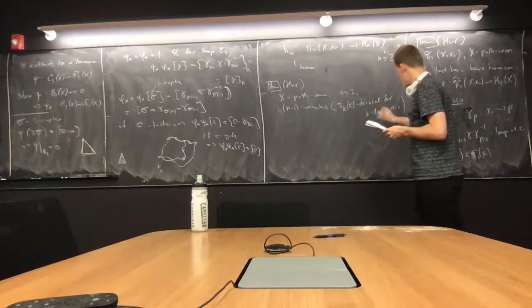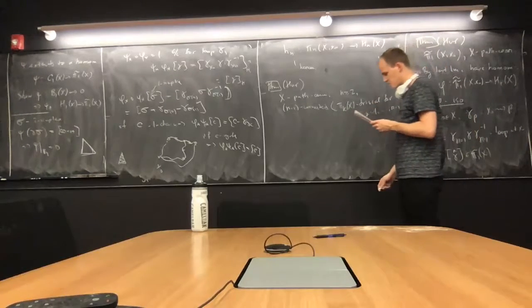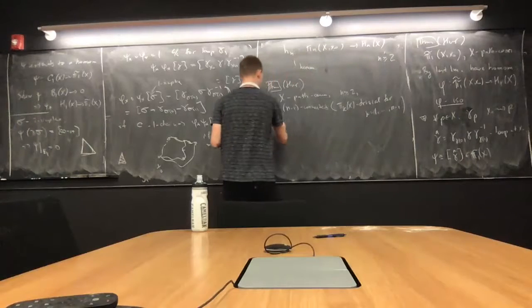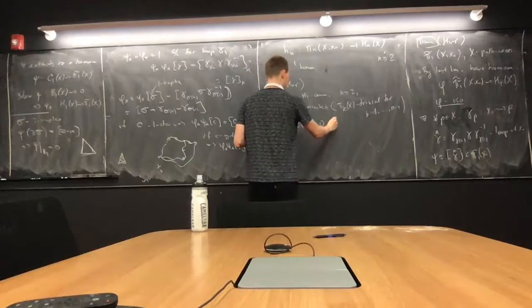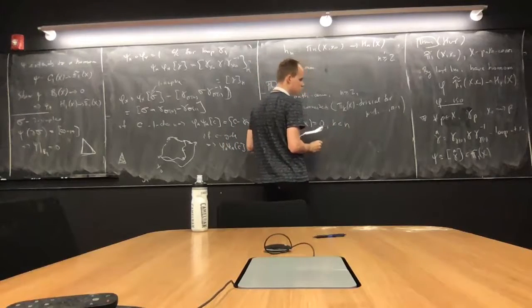No, sorry, 1. 0 would be Z because it's path connected. Then Hk of X is 0 for all k less than n.